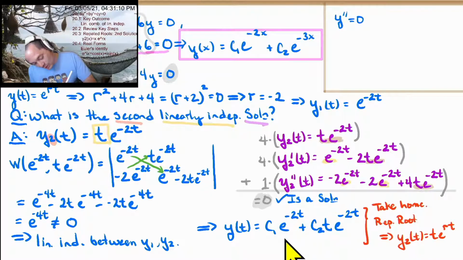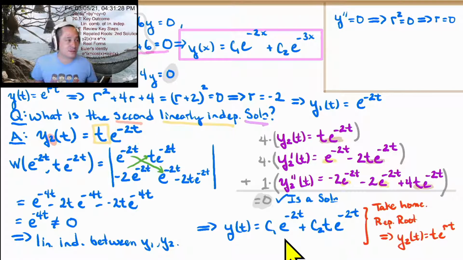What if I told you y double prime was 0? What would the quadratic equation be for this? R squared equals 0, which tells me that r is equal to 0, and that's a repeated root, and the root happens to be 0.